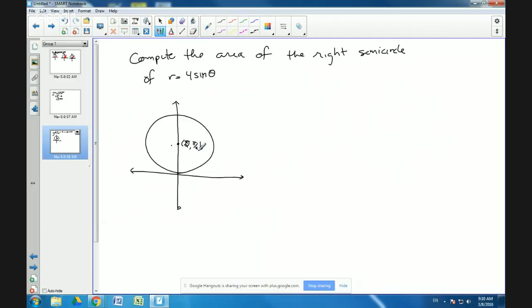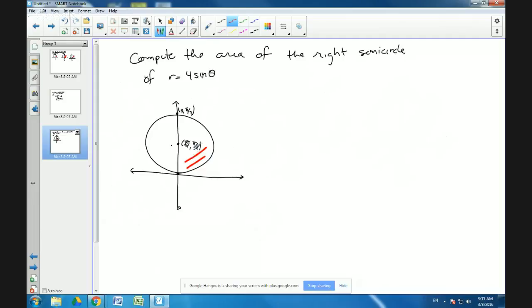The center is 2 units up, the radius is 2, so this is swept out, and here's the origin. Pi over 2, 2 units up is the center. This would be 4. So what we're asking for is the area of the right semicircle.